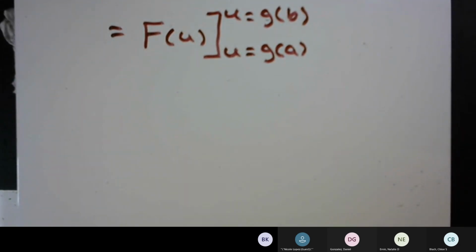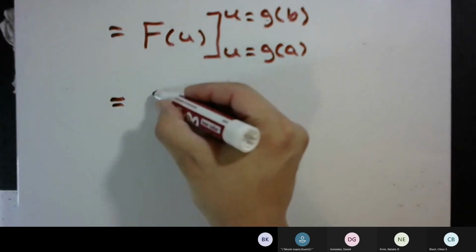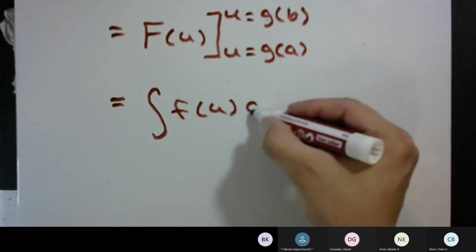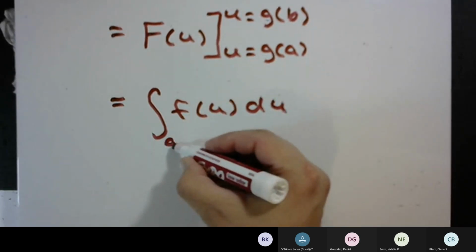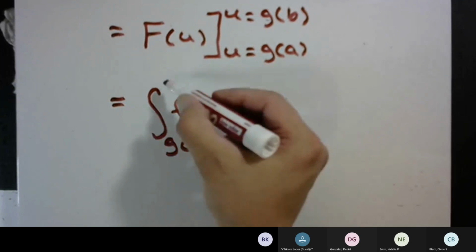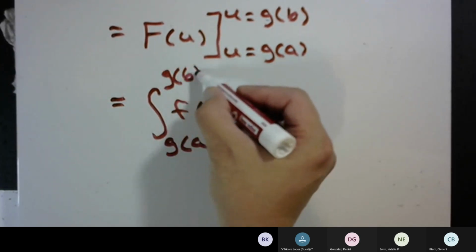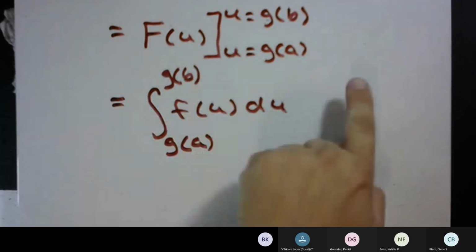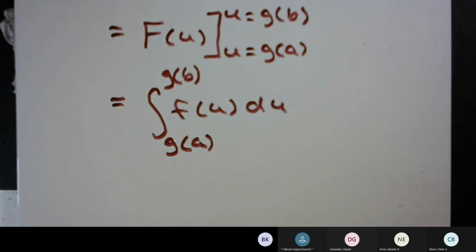And so where does this come from? Well, this comes from integrating little f of u, and we'll just give it bounds of g of a, g of b. So I'll be honest, the way I learned my integration is I just got everything in terms of x and evaluated bounds at x.